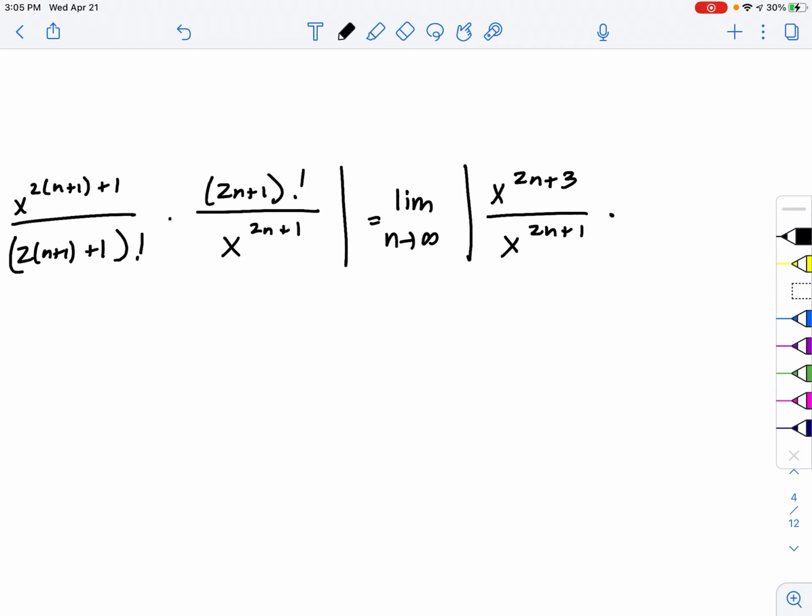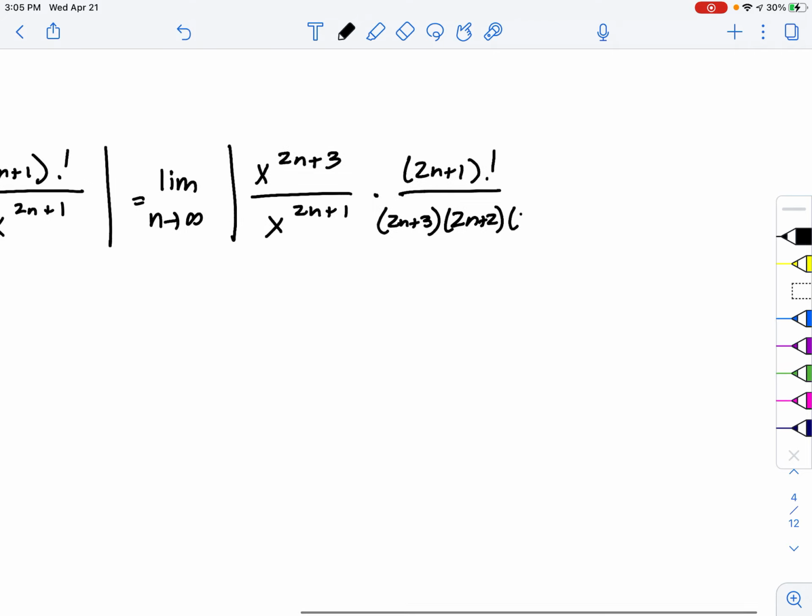Then we've got 2n plus 1 factorial, and we're going to get 2n plus 3 factorial. That's 2n plus 3 times 2n plus 2 times 2n plus 1 factorial if we break it apart. So then the factorials cancel.